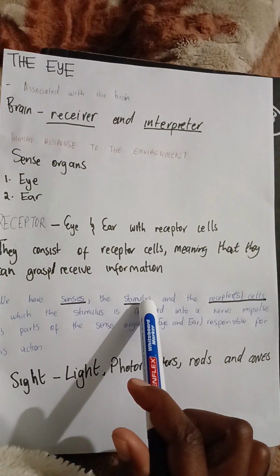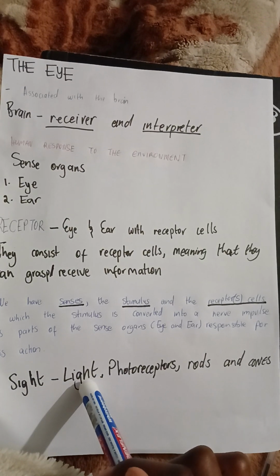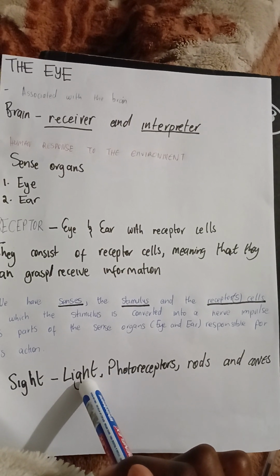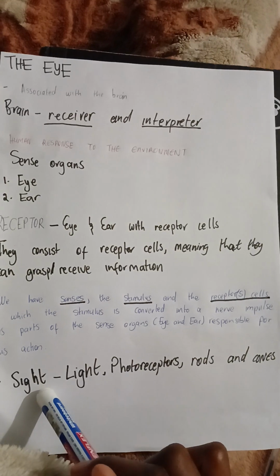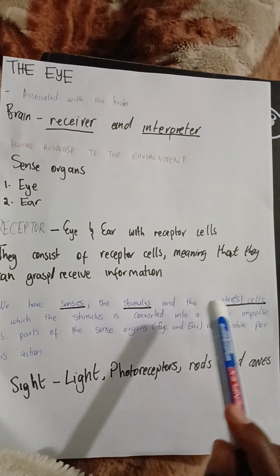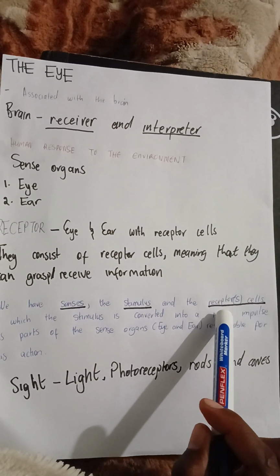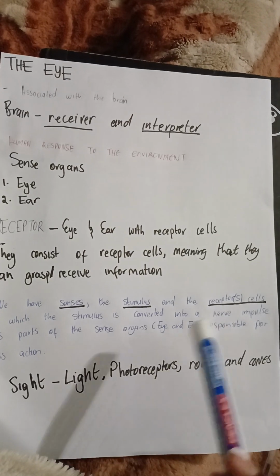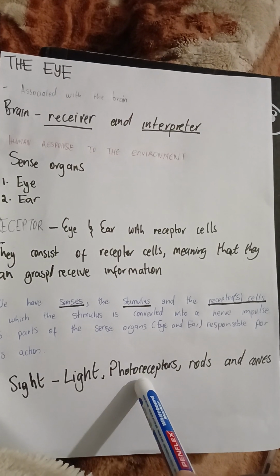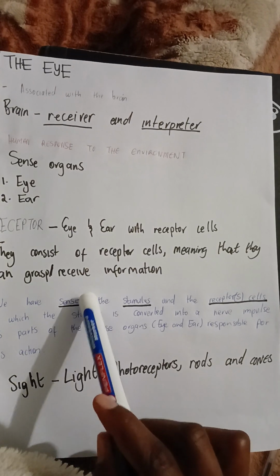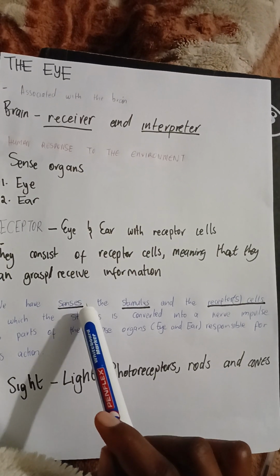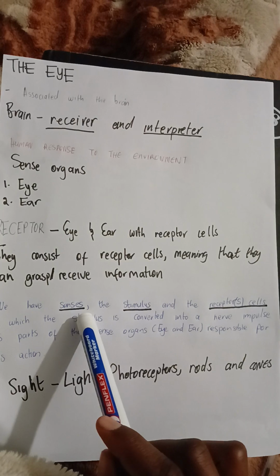So we receive the stimulus in the external environment, light. We sense it via our sight, and it is conducted or transmitted via the photoreceptors within the organ.